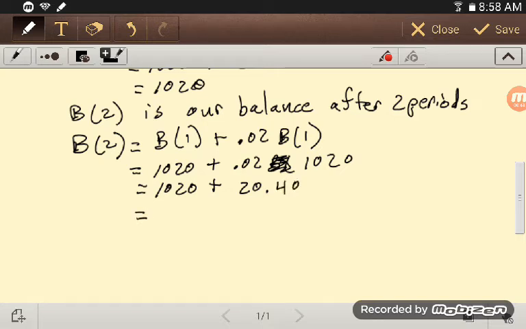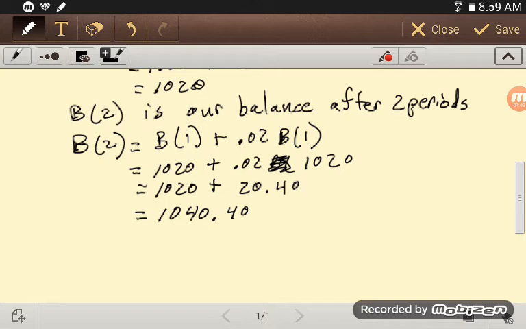And so that's $1,040.40. And so notice that by compounding, we have a little bit more money than we would have if we didn't give interest on our interest.